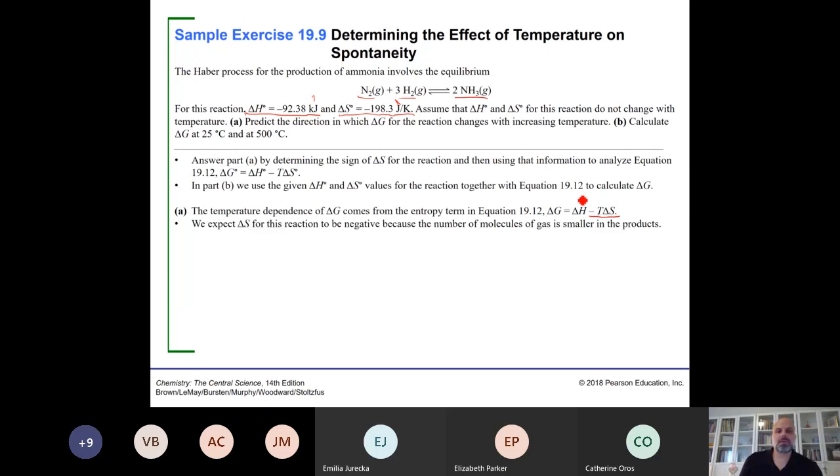So we expect delta S for this reaction to be negative because the number of molecules of gas is smaller in the products. Up here, we have one gas molecule plus 3 gas molecules going to 2 gas molecules, so 4 going to 2.